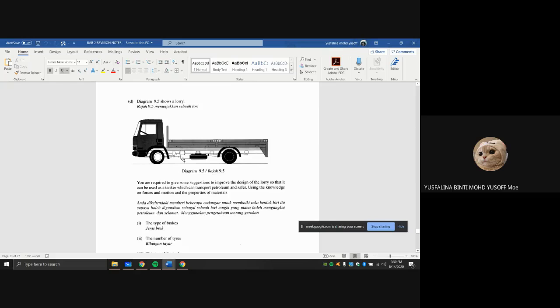This one is to reduce inertia, like the one that we chose before for 9.3, right? So split the tank into small compartments to reduce inertia, or you can say big, so more petroleum can be transported.